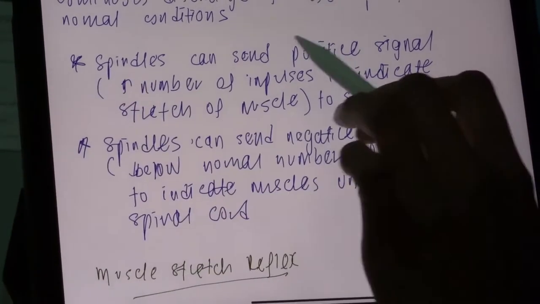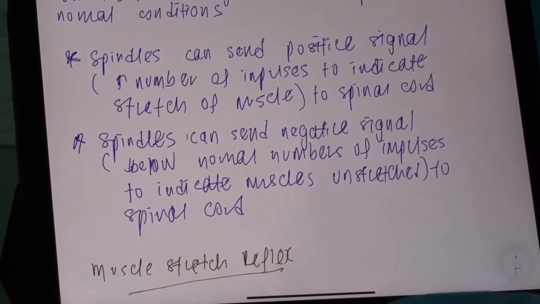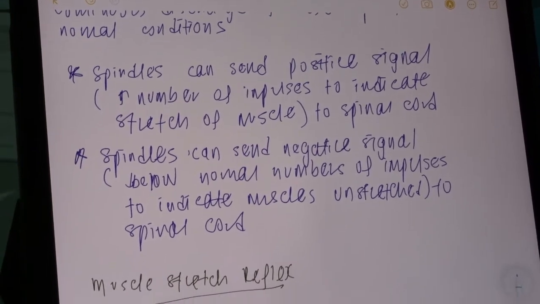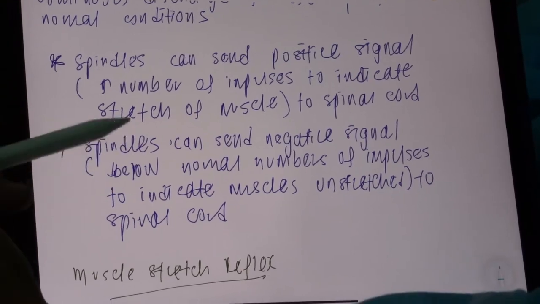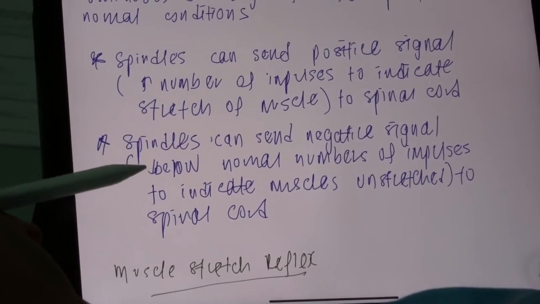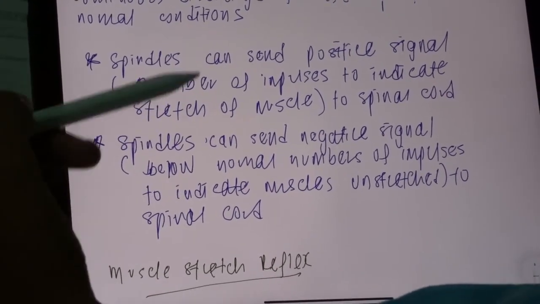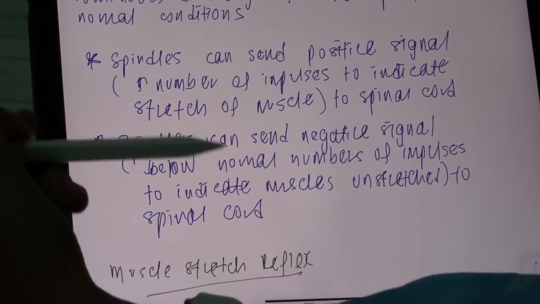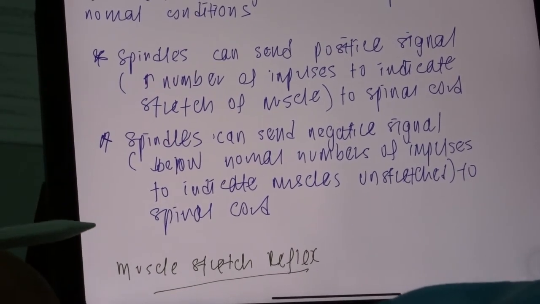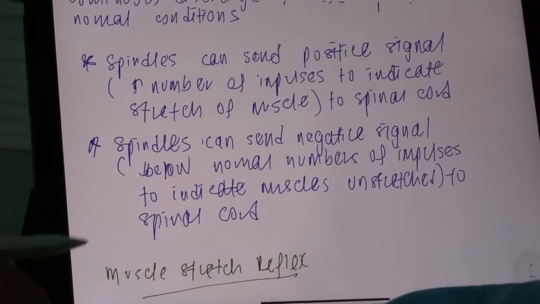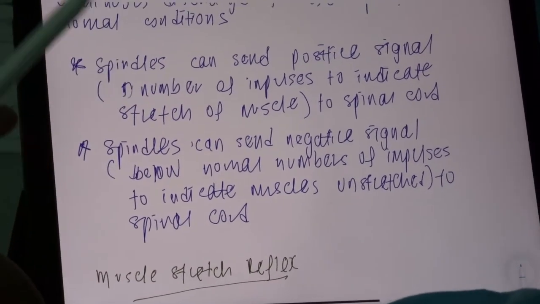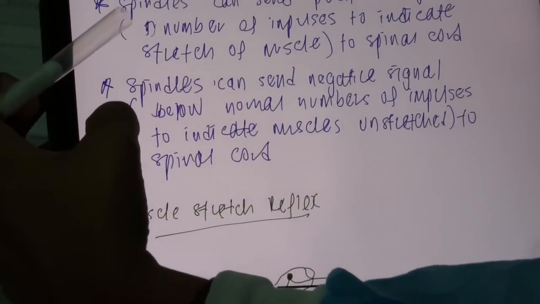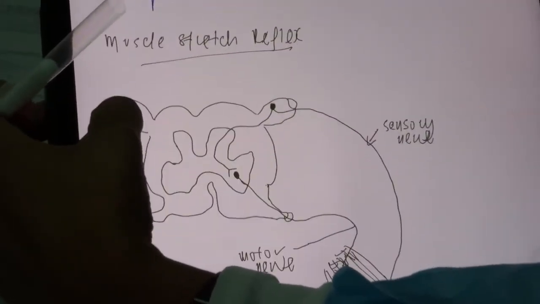The positive signal I meant was an increased number of impulses which indicates the stretch of the muscle. The other one is vice versa: spindles can send a negative signal, which means below normal numbers of impulses to indicate the muscle is unstretched. So this is the negative signal and this is the positive signal. Then I will talk about the muscle stretch reflex.